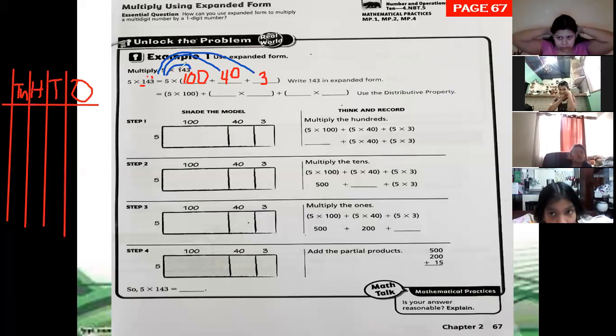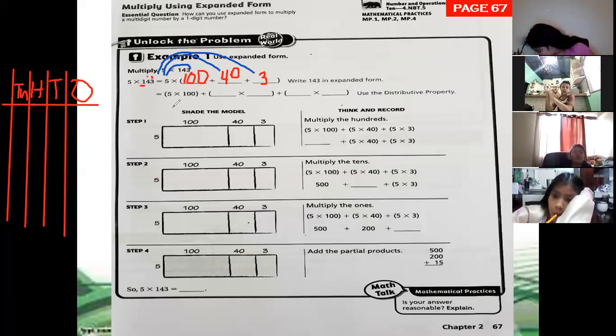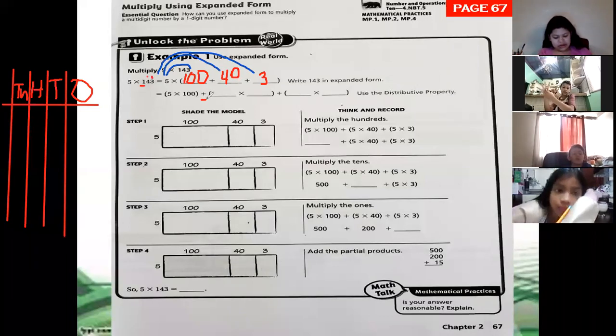The first one, 5 times 100, and I put this multiplication inside parentheses and then plus, because we have an addition here. So at the end, we are going to add the partial products. Every multiplication represents a partial product of the answer.